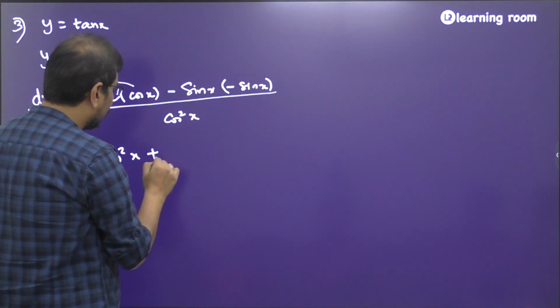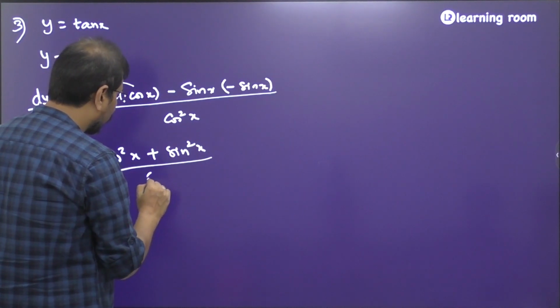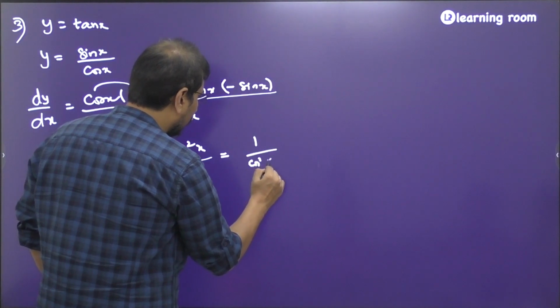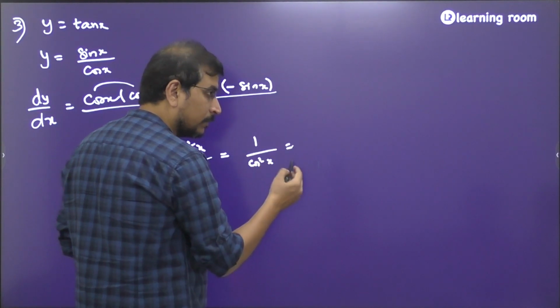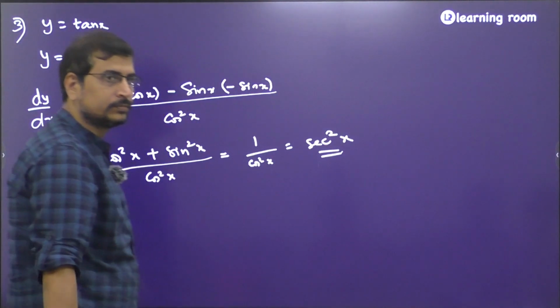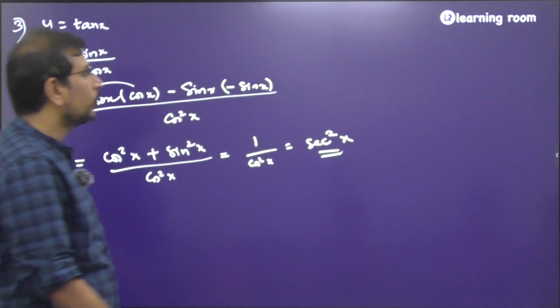Minus of minus is plus, so the answer will be 1 divided by cos square x. It is secant square x. Right, now you understood why you got that value.